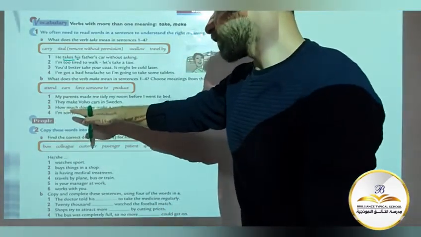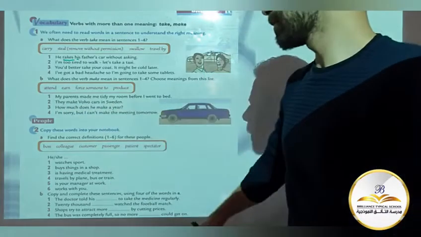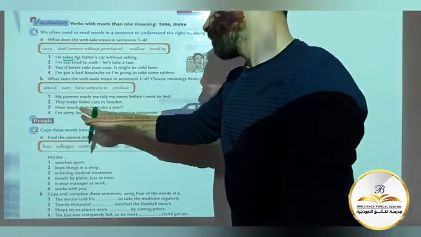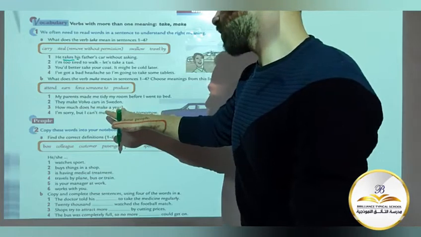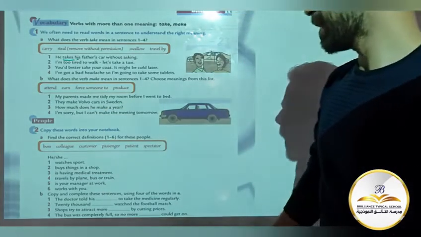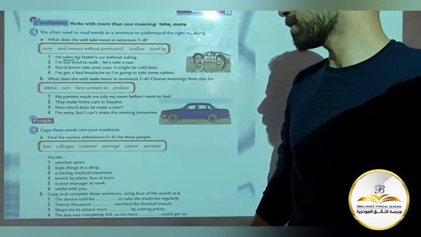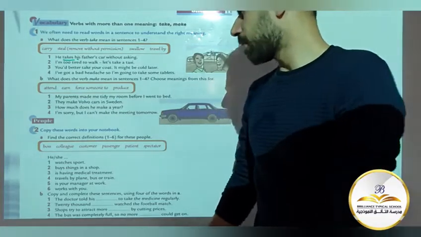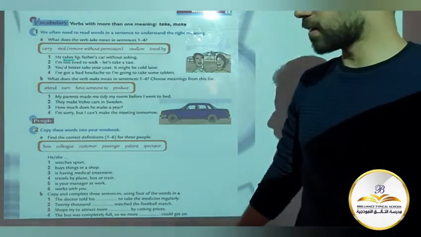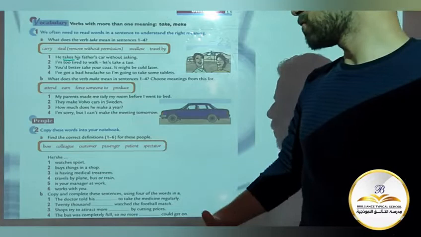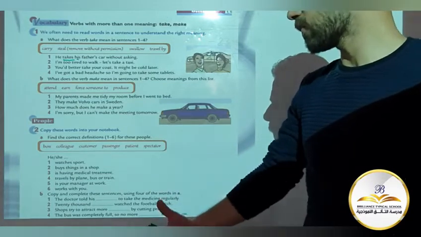The next one. How much does he make a year? What do we mean here? When you want to ask somebody about his salary, you might ask, how much do you make a year?